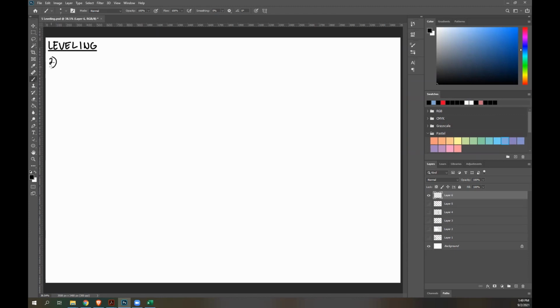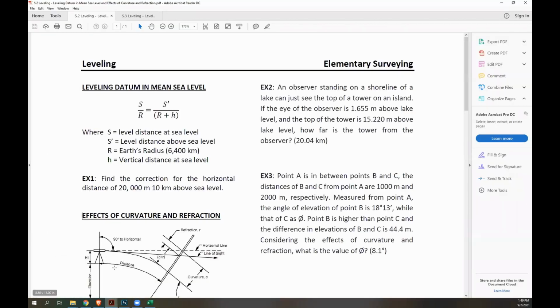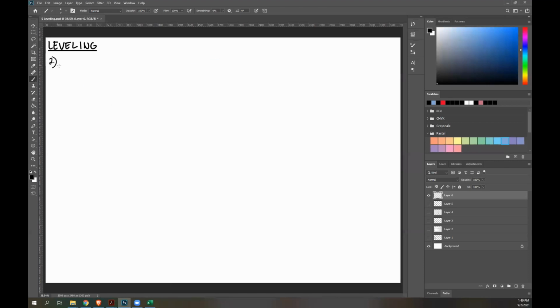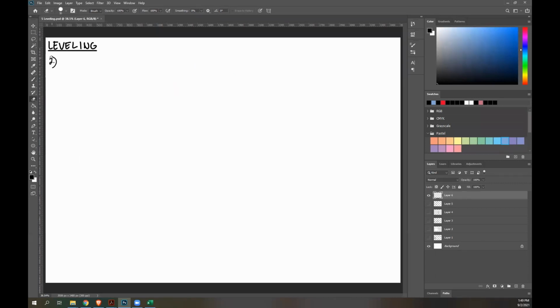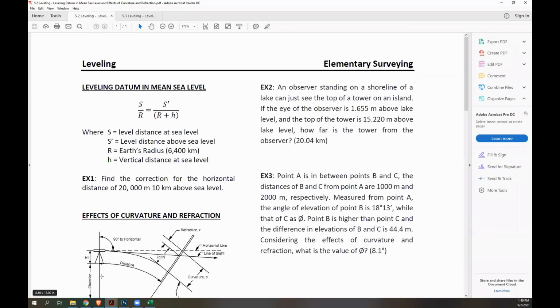Number 3. Point A is in between point B and C. The distances of B and C from point A are 1,000 and 2,000 respectively.